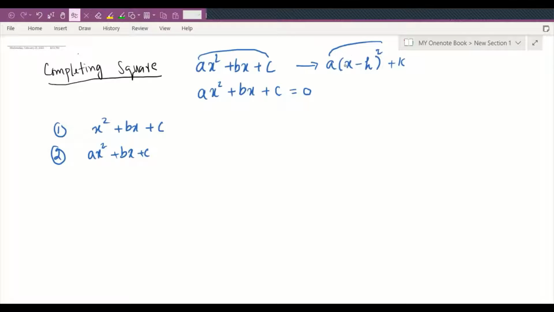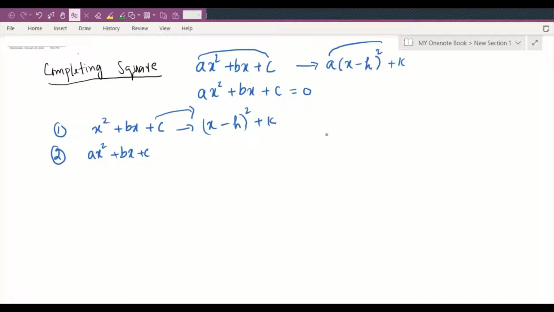When a is 1, there will be a 1 here that we don't write. It will be only x minus h squared plus k. When we express this form in this form, we say we have expressed it in completed square form.